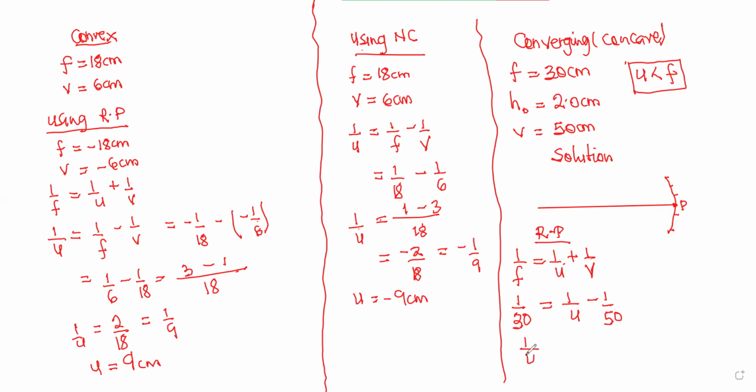Make 1 over U the subject, and you have 1 on 30 plus 1 on 50. Determine the LCM. LCM is 150. 30 goes into 150 five times, times 1, and then 50 goes into 150 three times, 3 times 1.